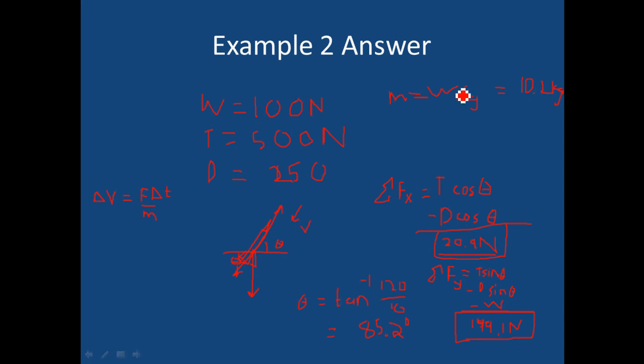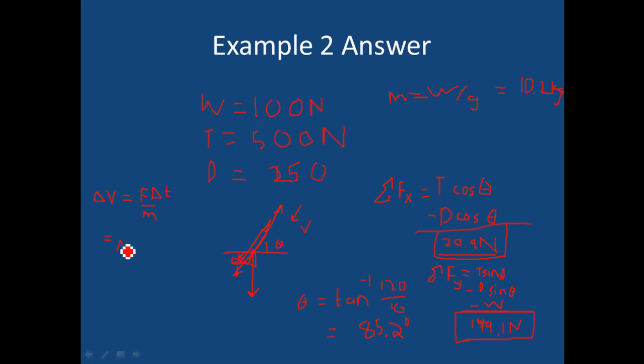Alright, so we have mass, we have change in time, and it said 5 seconds later. We have our net force, and if you don't know how to calculate the magnitude, it's the square root of this squared plus this squared, just like the hypotenuse of a right triangle. And we have everything we need.